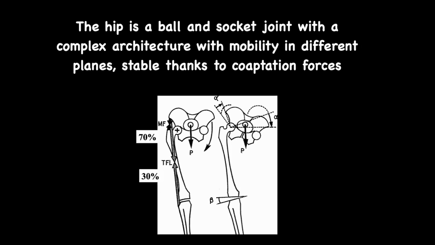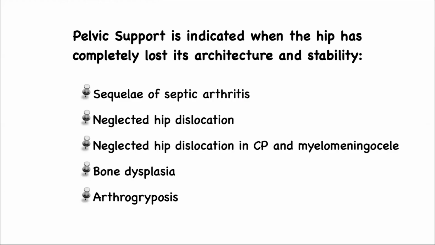We're going to talk about the hip, a very special joint with a very special architecture, and this architecture could be completely lost in sequelae of septic arthritis, neglected hip dislocation, DDH, cerebral palsy, myelomeningocele, bone dysplasia and arthrogryposis.